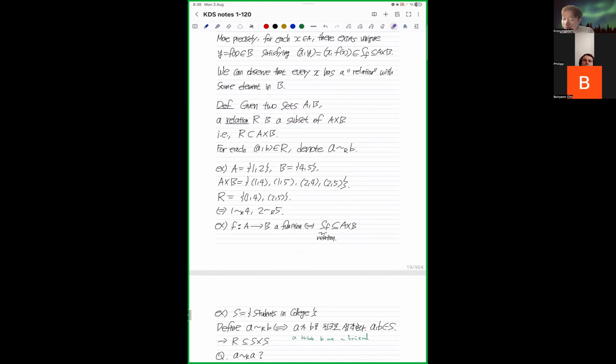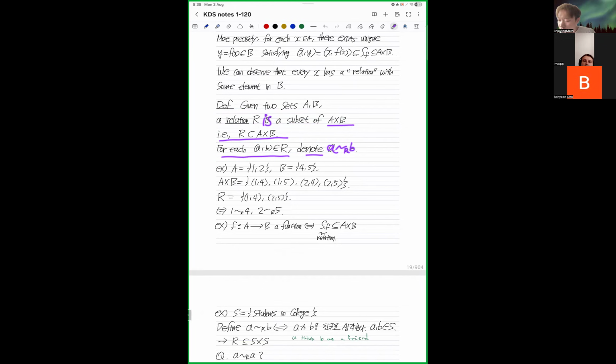Given two sets A and B, a relation R is a subset of the Cartesian product A × B.